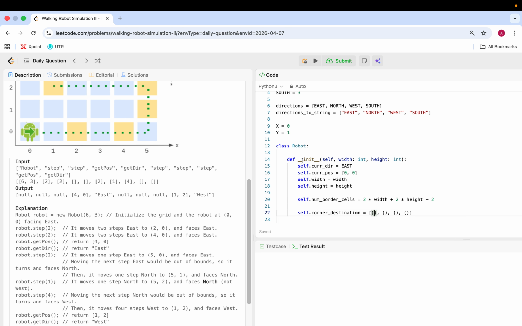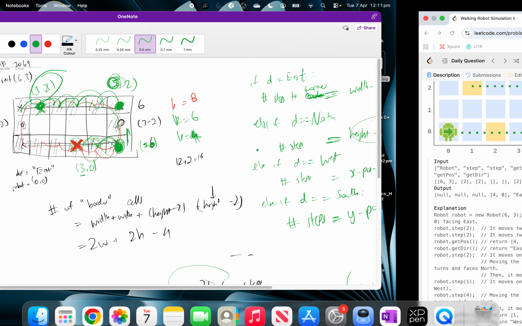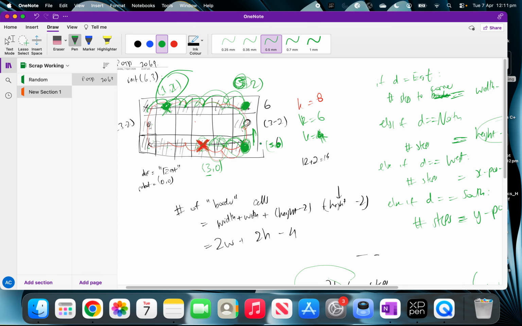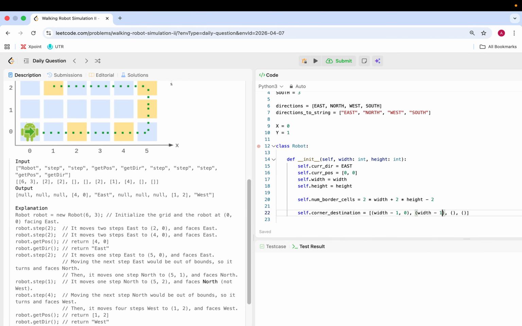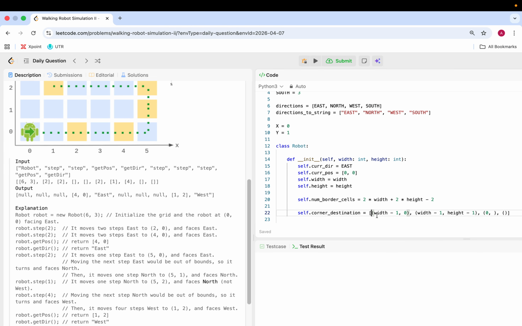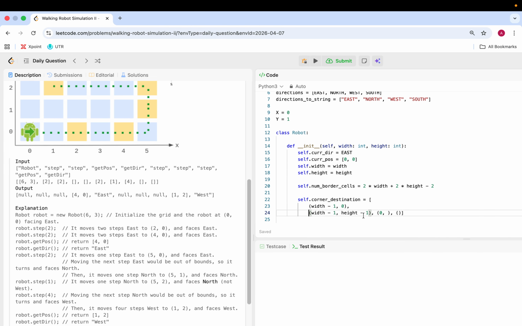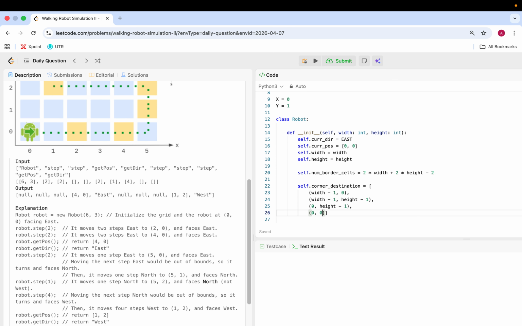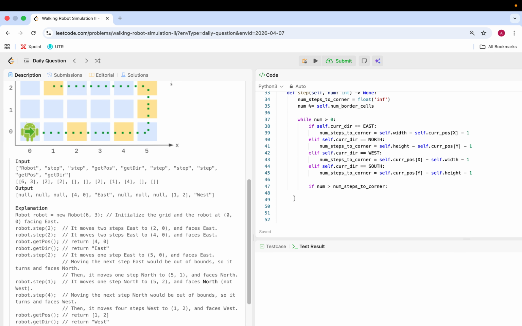So it would be width minus 1 and 0, and then from north your destination would be here, which is width minus 1, height minus 1. Then it would be 0 for getting over here, the destination going west. Maybe I should do this just to make it easier to read for myself. 0 and then height minus 1, and the last one would be 0, 0. The destination going south is 0, 0.